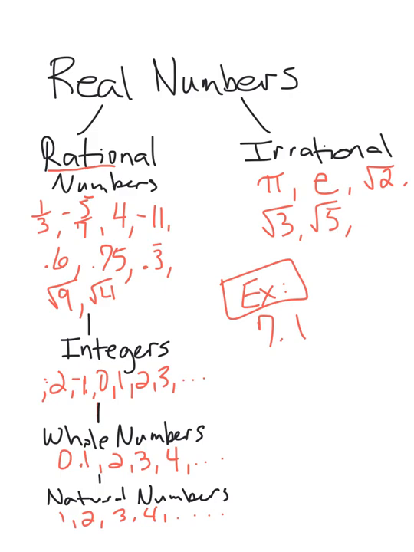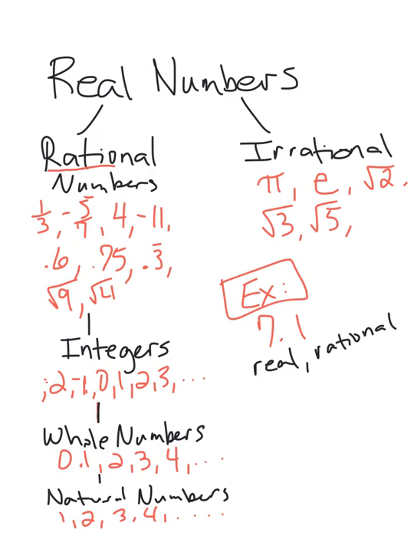First of all, it's a real number. Also, I could write that as a fraction, 7 1/10, so that is also a rational number. But that's all I can call it, because once I look at integers, there aren't any decimals anymore. So I could only say that number is a real number and a rational number. It falls into both of those categories.